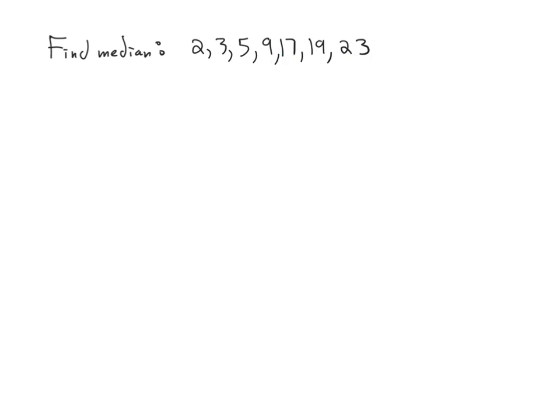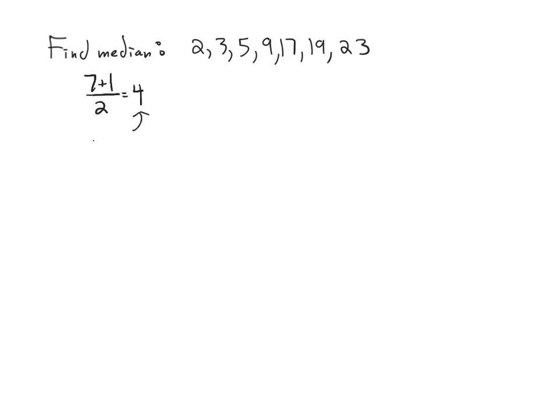So the median is going to be the one in the middle. So in this case, it's kind of easy to see, you can kind of go backwards. So here are the end ones, and then the next two, and then the next two. So this one is in the middle. But just to see how that little formula works, I'm going to take the number of data points, add 1 to it, divide it by 2, and I get 4.